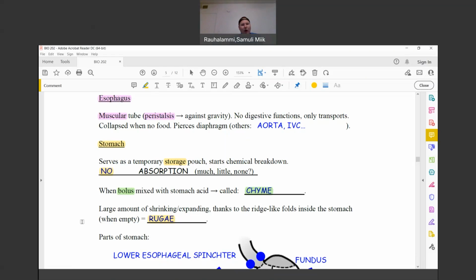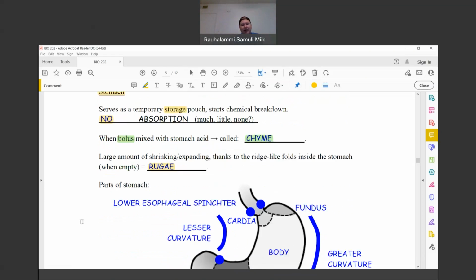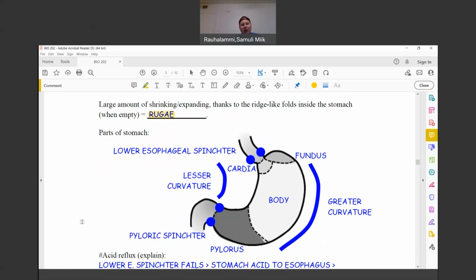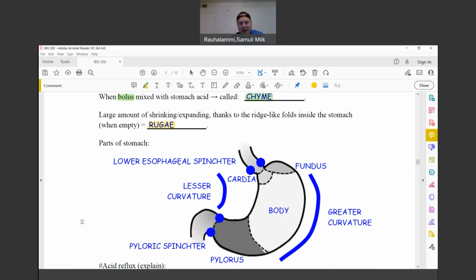So let's have a look at a few different parts of the stomach. What would be useful to know about different parts of the stomach? Again, I'm trying to get tools that would allow me to draw. We're going to start here where the oesophagus joins to the stomach proper.